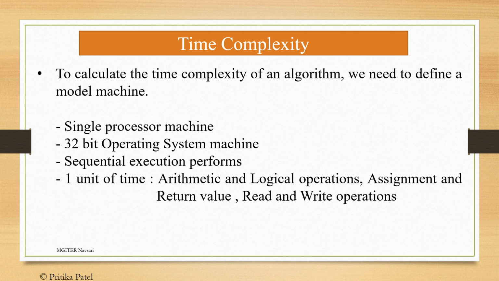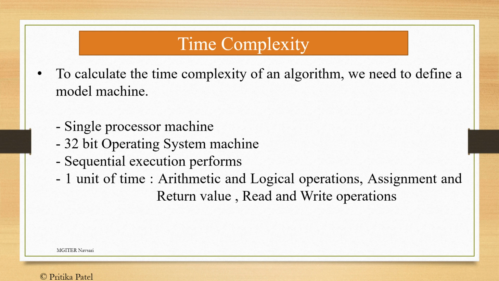Now, to calculate the time complexity of an algorithm, we need to define a model machine. Let us assume a machine with the following configuration. It is a single processor machine. It is a 32-bit operating system machine. It performs sequential operations.